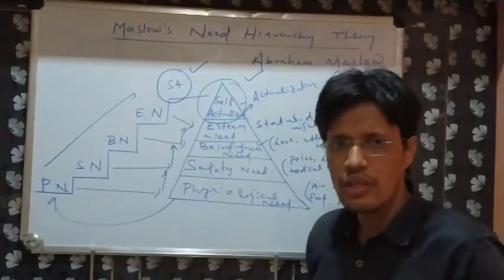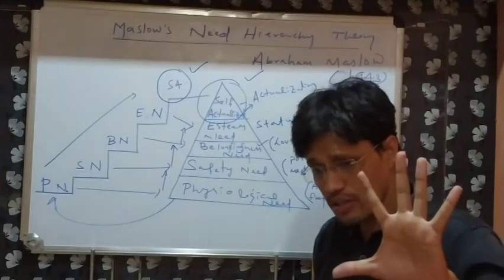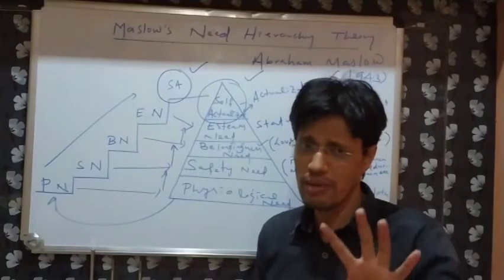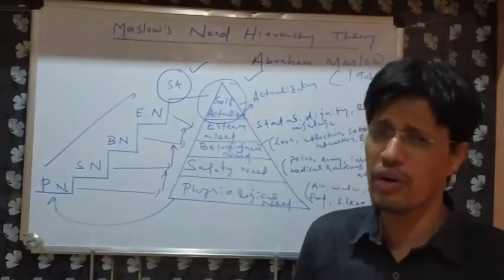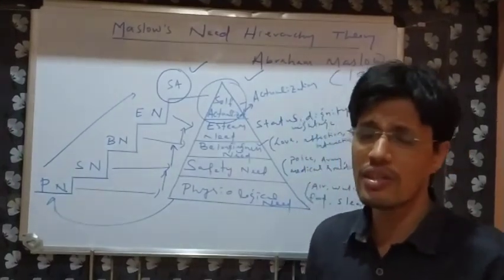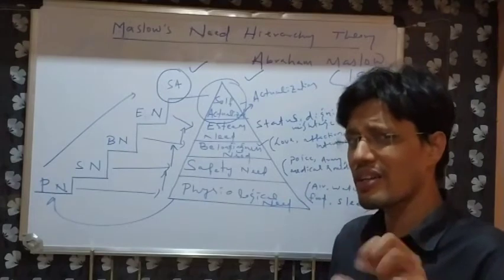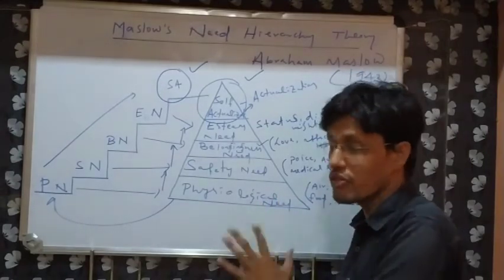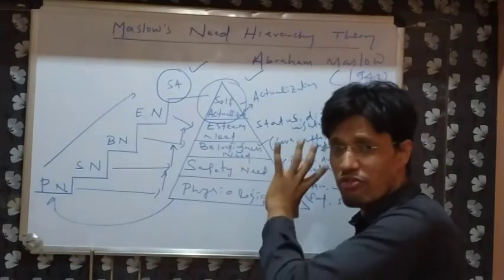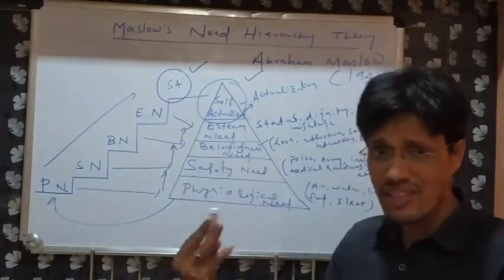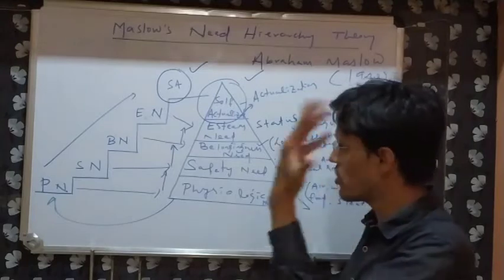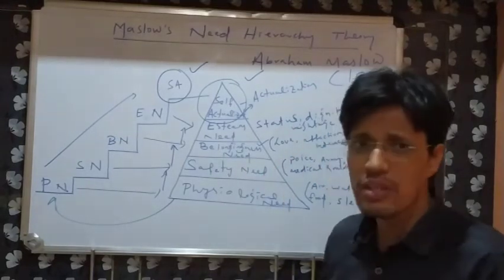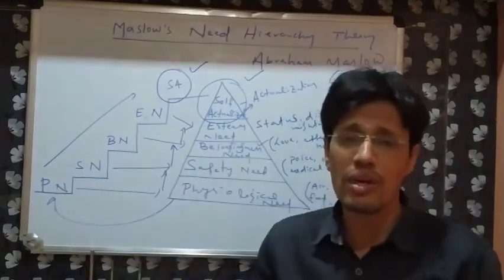So it is highly important for every organization, in order to manage and control the behavior of their employees, to look at what needs they are in. They must see whether an individual is working to meet the physiological need, or the safety need, or the belongingness need, or the esteem need, or wants to become self-actualized.